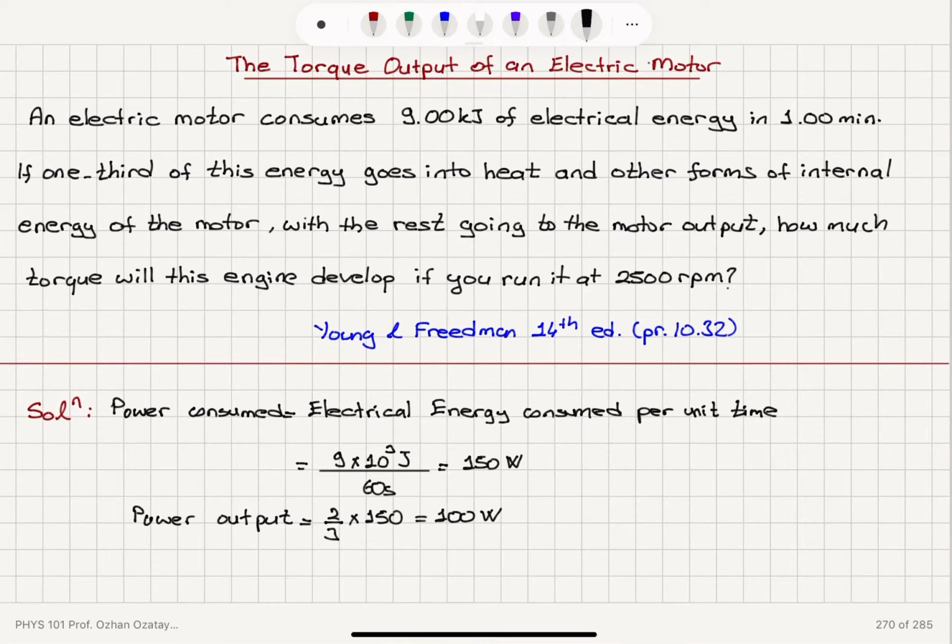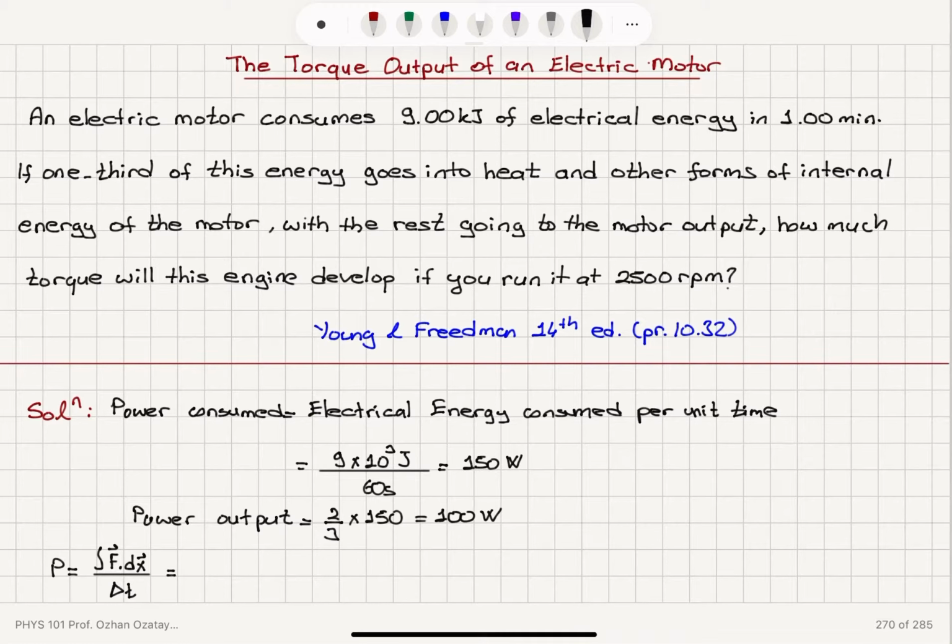Now I want to remind you that the power is the work done per unit time. So it is F dot dx divided by delta t, the time it takes to complete this work.